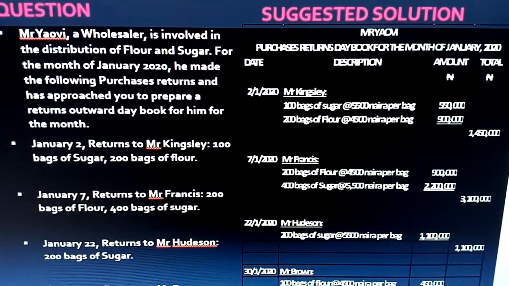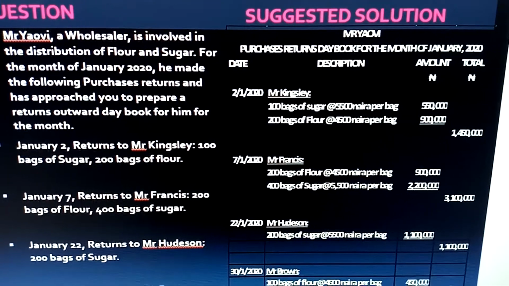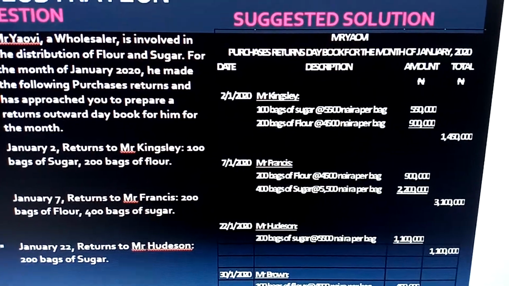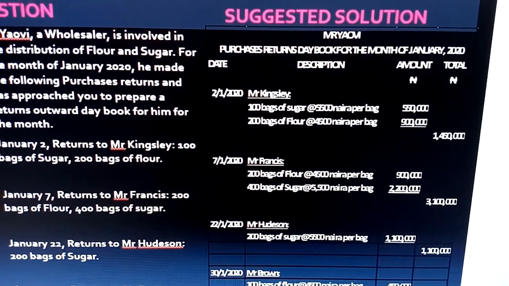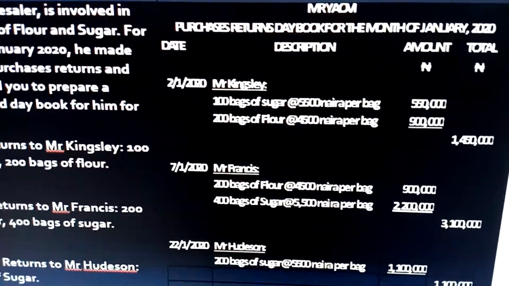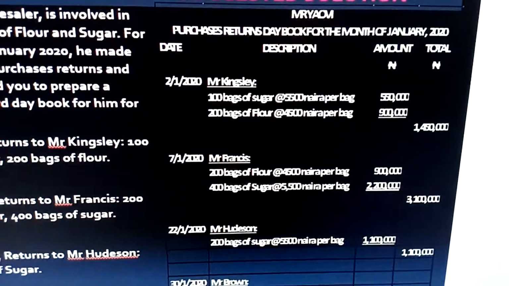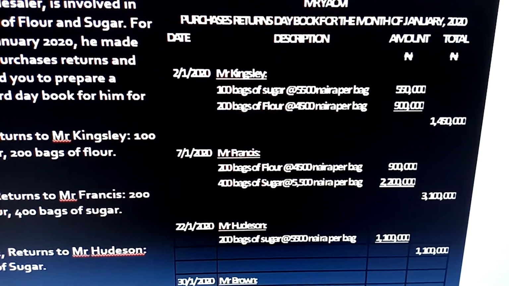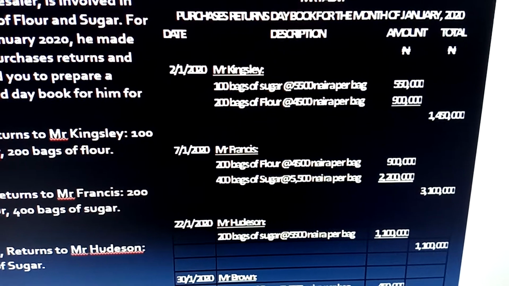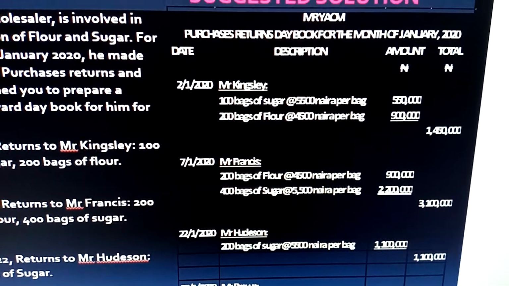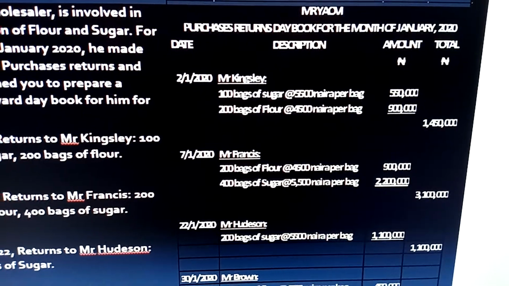That is what we're going to refer to get the cost of this product. Remember that sugar was purchased from Mr. Kingsley at 5,500 and flour was purchased from Mr. Kingsley at 4,500. You can always refer to our class on the purchases day book.